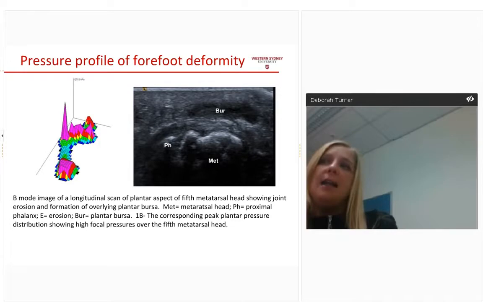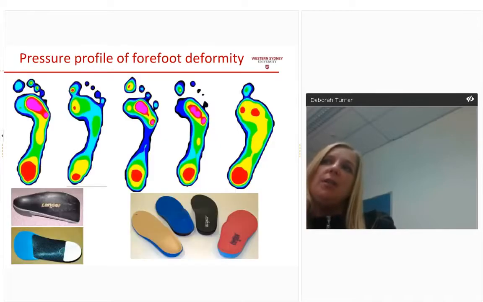In terms of management, we do need to consider the usefulness of different types of orthotics. Depending on the amount of movement in the foot and whether we have any involvement of the rear foot in terms of deformity, we might choose orthotics that we would class as functional, which are quite rigid.